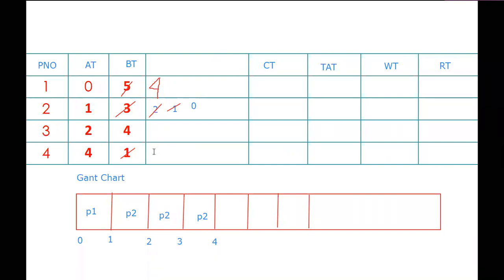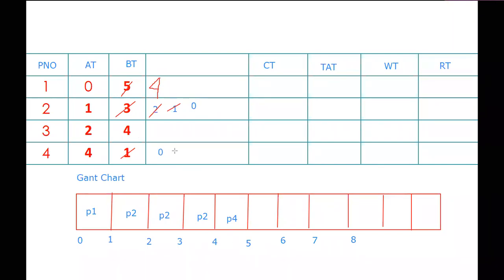So this will be a 0, and this will be process 4. And the time is 5 seconds, 6 seconds, 7 seconds. Okay, now this is done.